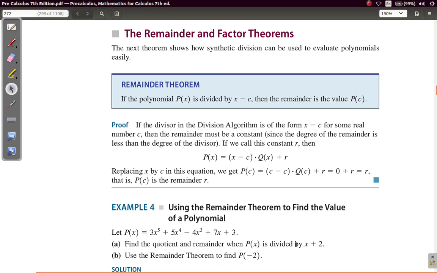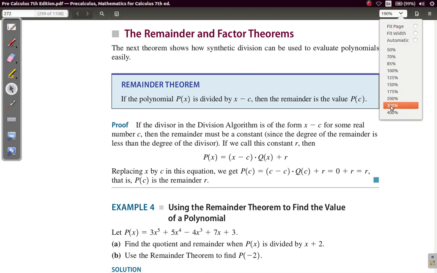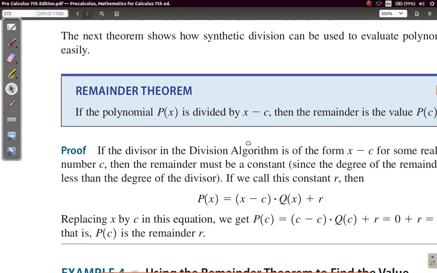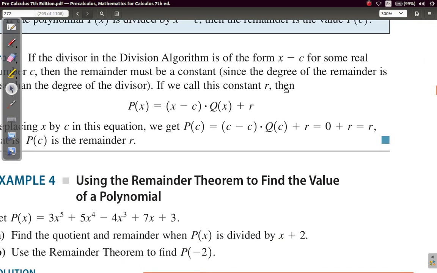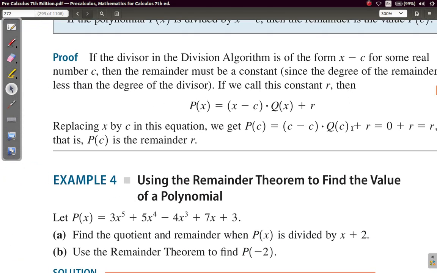Now, I want you to do that on your own. Pause the video and do a synthetic division, and let's see what you get. Let me zoom it up a bit. So go ahead. Alright, good. You've paused the video and you divided 3x to the 5 plus 5x to the 4 minus 4x cubed plus 7x plus 3 by x plus 2.